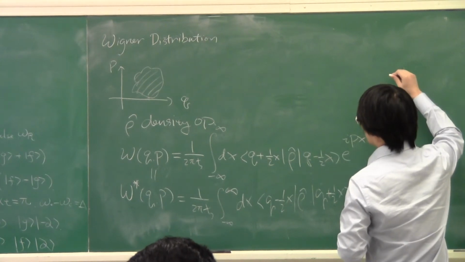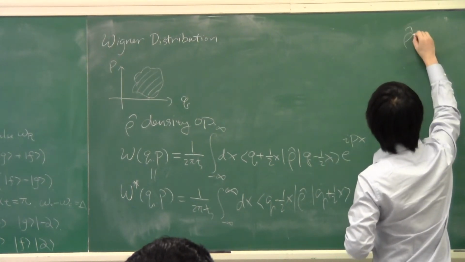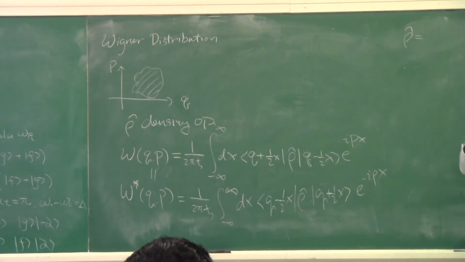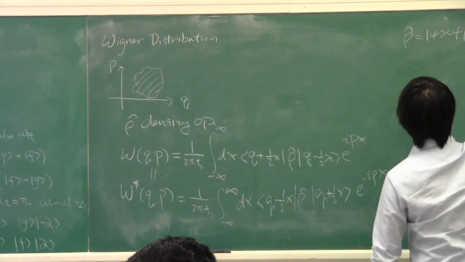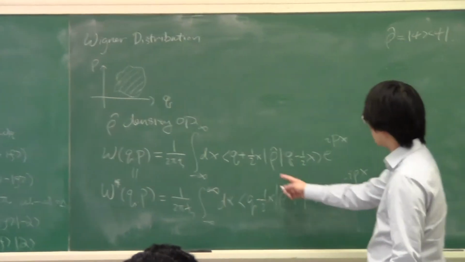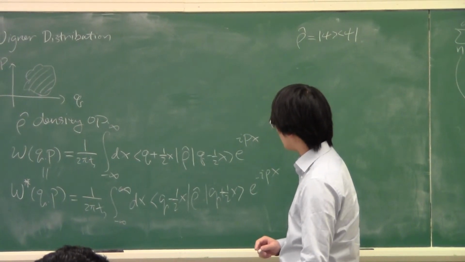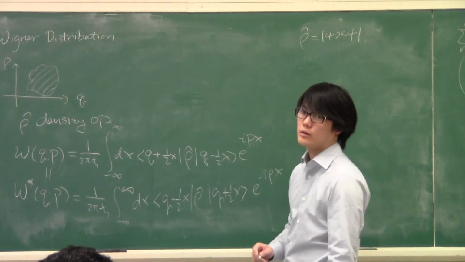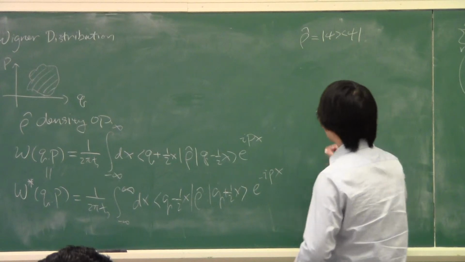Let me show you that. Consider the special case in which rho is the density operator for a pure state. So we have some psi. Now this gets acted on by the bra and ket, and it turns into just a wave function. This one has a complex conjugate.